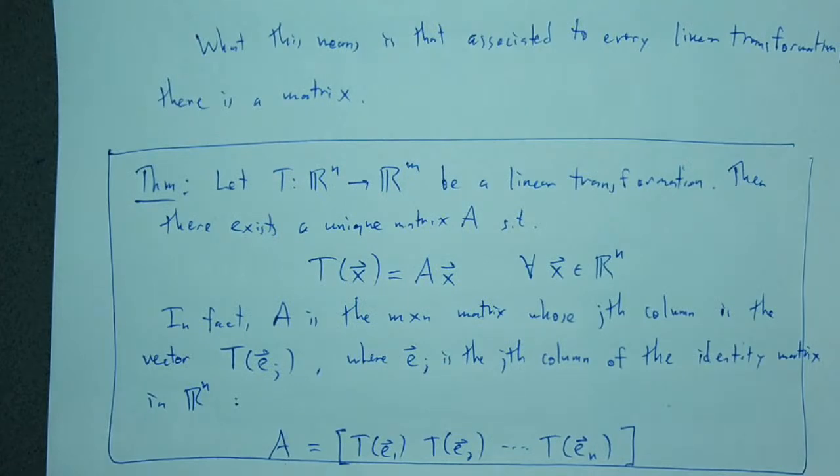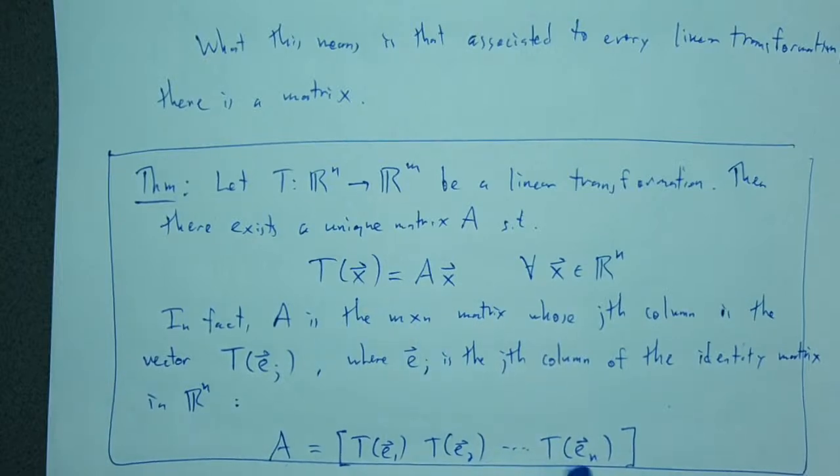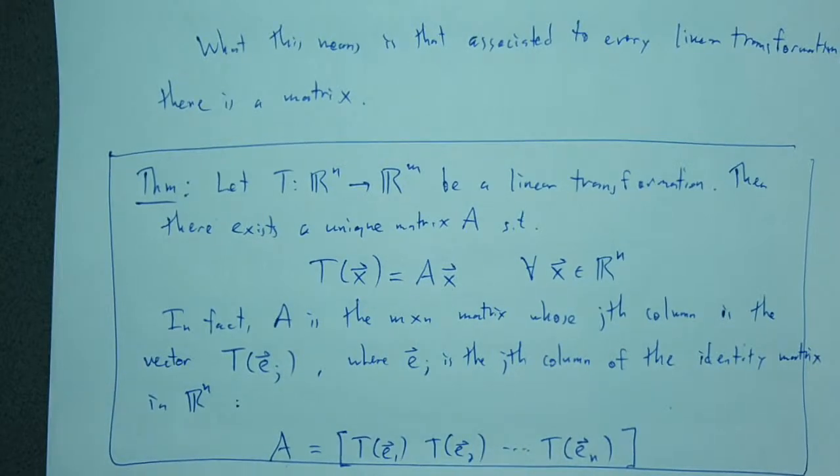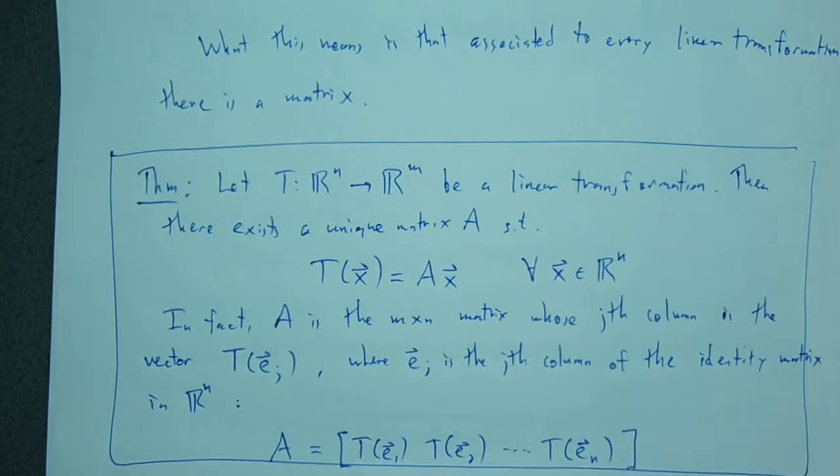So what this is saying is that I have a very nice way of actually finding the matrix associated to that, even though in my description I didn't even mention a matrix. The way that I do that is I apply my transformation to each of those standard basis vectors, and then I put those columns in a matrix.